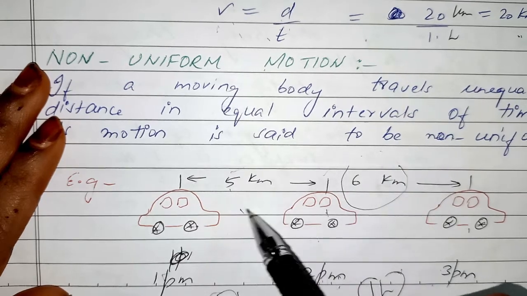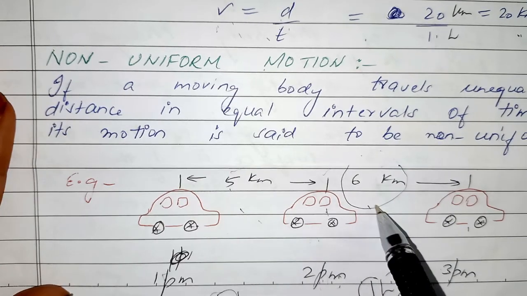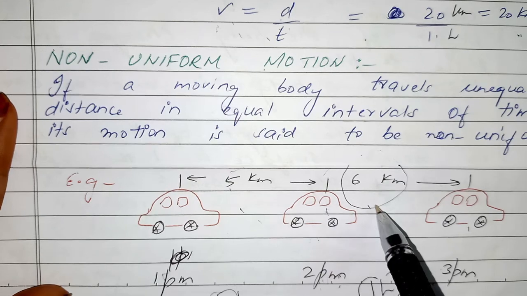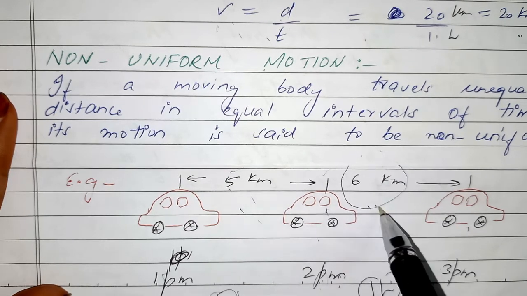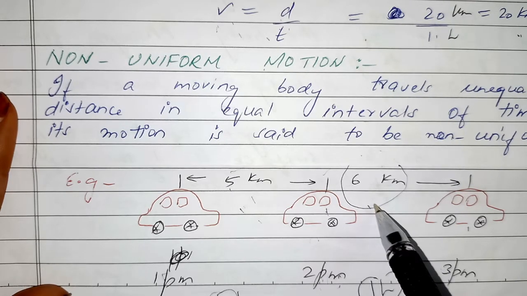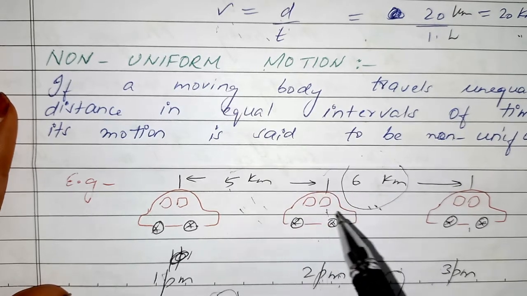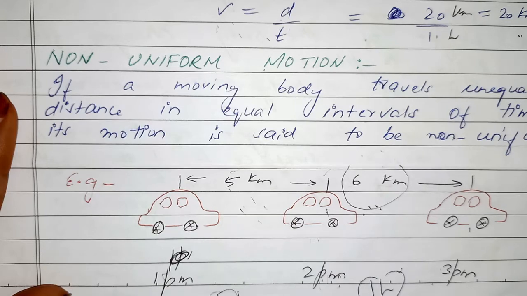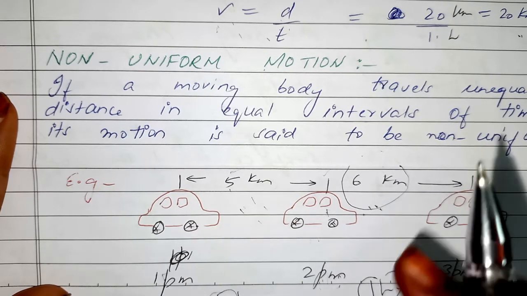So here it's 5, here it's 6. There is a difference of distance. What does this mean? Unequal distance. This is 5 kilometer, this is 6 kilometer. Unequal distance traveled by a body in equal intervals of time is known as non-uniform motion.